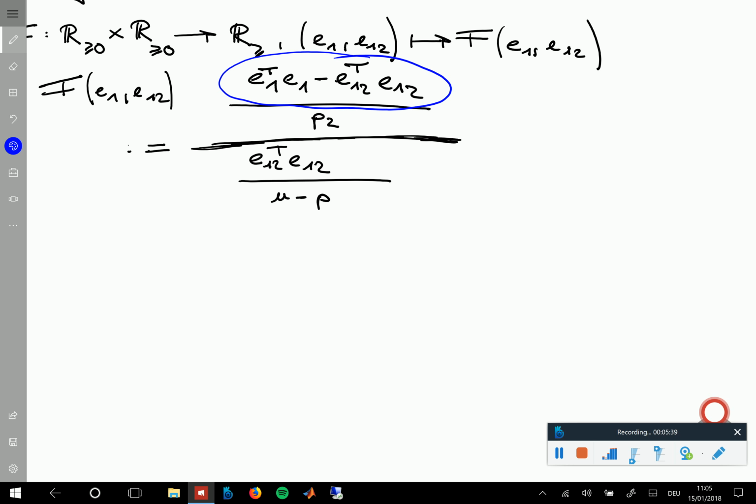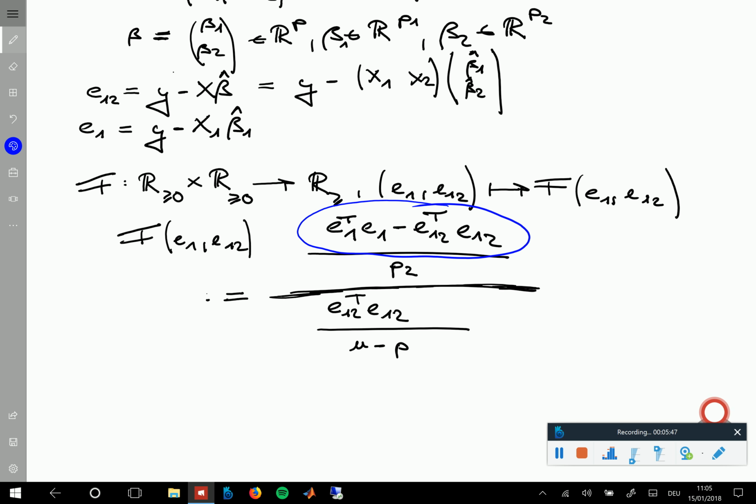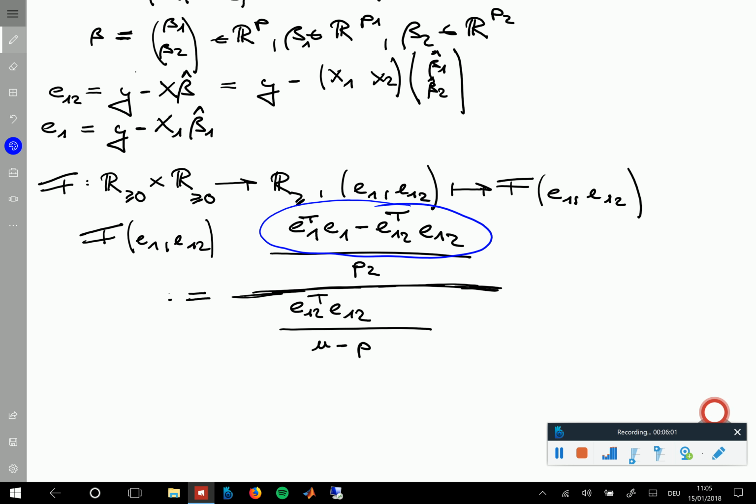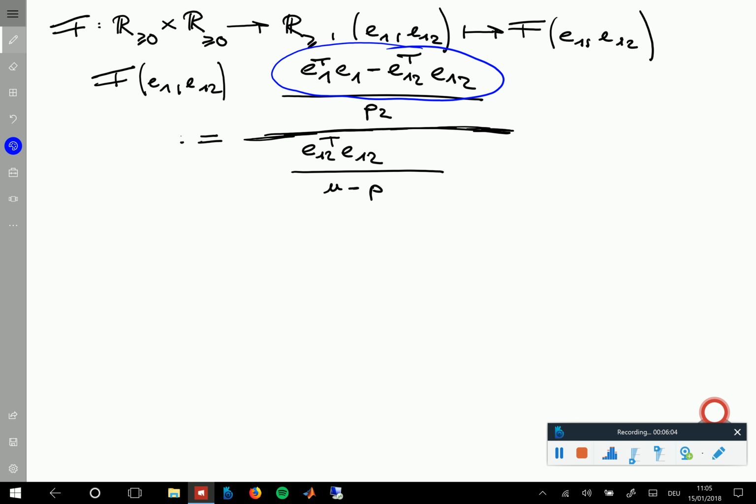So the F statistic has this idea of a model comparison between a full and a reduced model, the full model here and the reduced model, which I didn't write up again, but you see parts of it here. It implements this in the numerator.